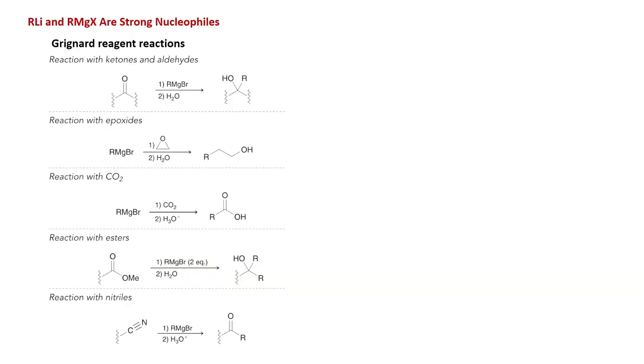Some other reactions of Grignard reagent. A ketone reacting with Grignard reagent will give you a tertiary alcohol. So this is the mechanism. This is your ketone. We know oxygen is a little bit electronegative, so it will create a carbocation here. And we can take methyl magnesium bromide. This methyl has a negative charge, magnesium has a positive charge.